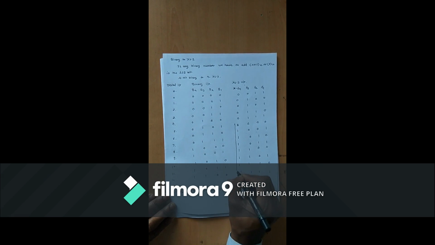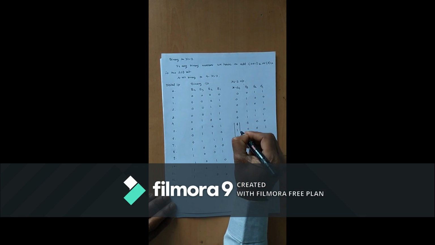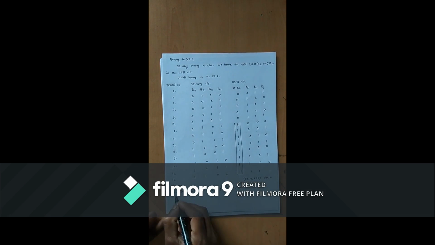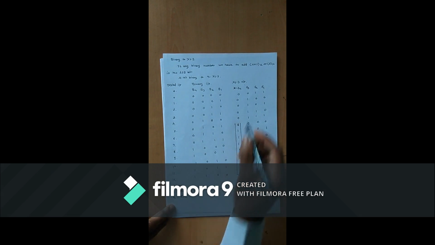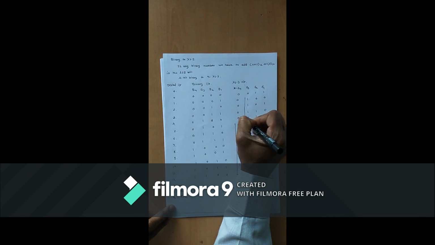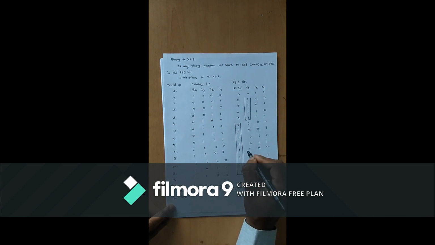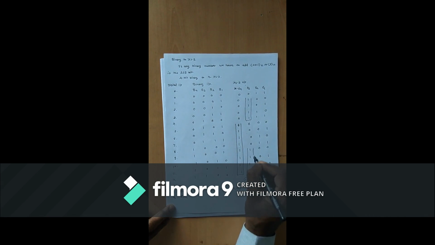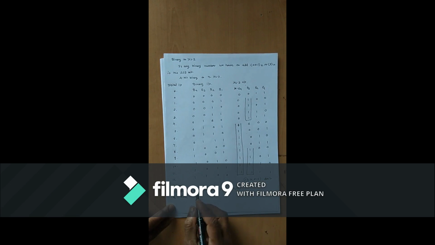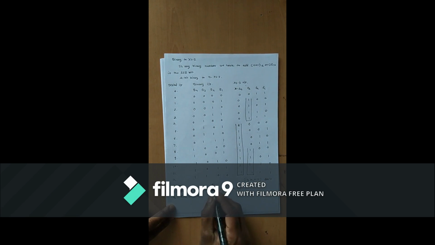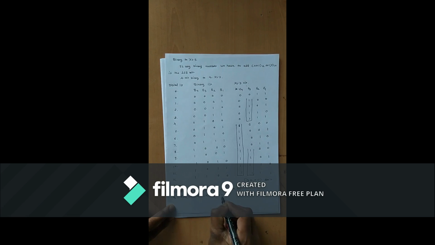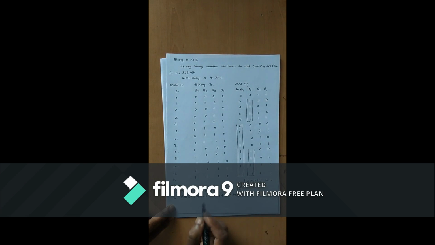For E3, the minterms are 1, 2, 3, 4 as well as 9, 10, 11, 12, plus don't care conditions, no change, 13, 14 and 15.